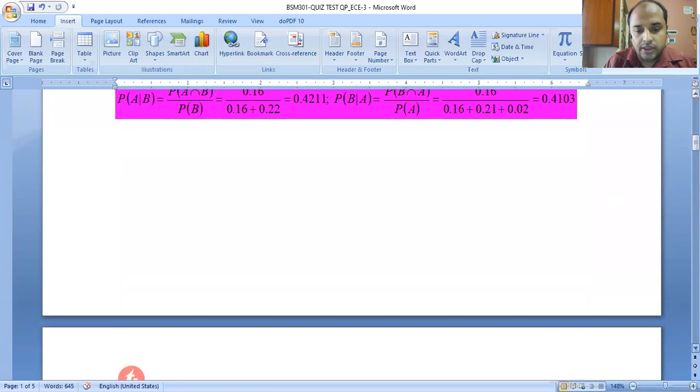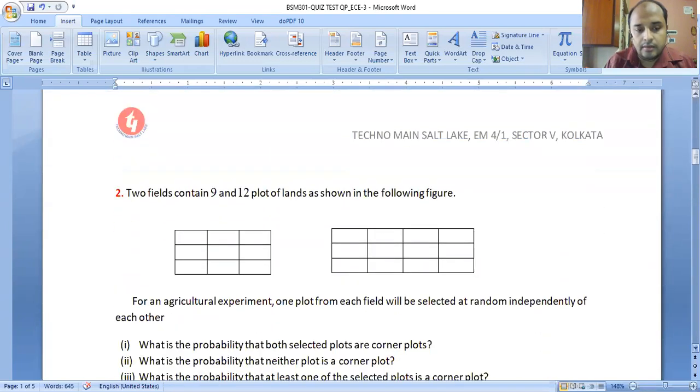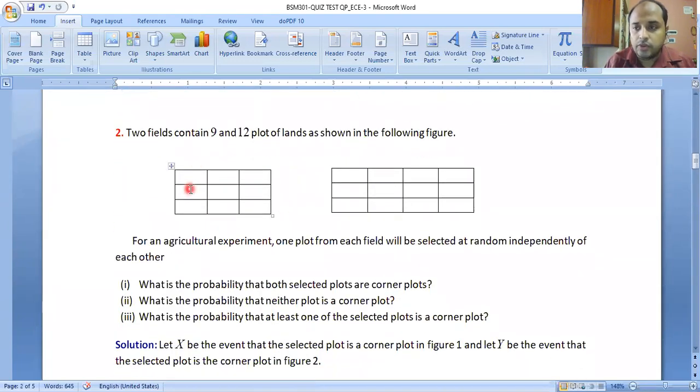Now the next question was, two fields were shown to you. One field is an agricultural field which contains 9 plots, and another field contained 12 plots.